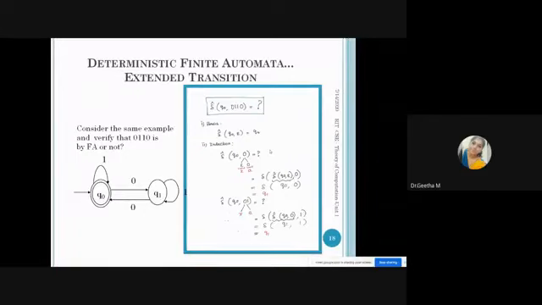Likewise, you want to apply it for the remaining input symbols. I have taken the 0 first, then again the second symbol, then the third symbol and fourth symbol. Now we completed the first symbol. Then come to the second symbol. See the second part of the induction step: del cap of q naught comma 0 1.